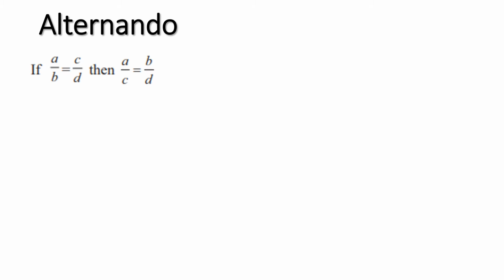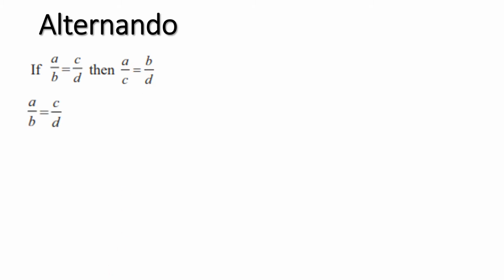Again, if A upon B is equal to C upon D, then A upon C is equal to B upon D. Here A is there in the numerator and here C is there to the right hand side of equal to sign, the numerator. So, to show A upon C, both the numerators, is equal to B upon D. This we have to show.